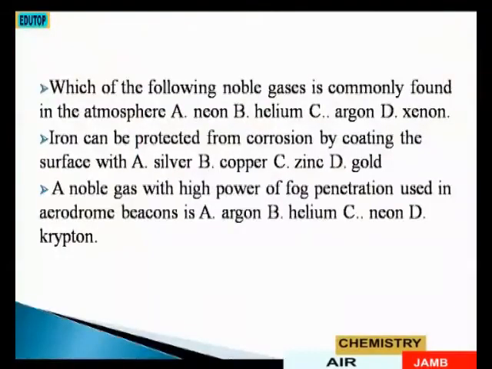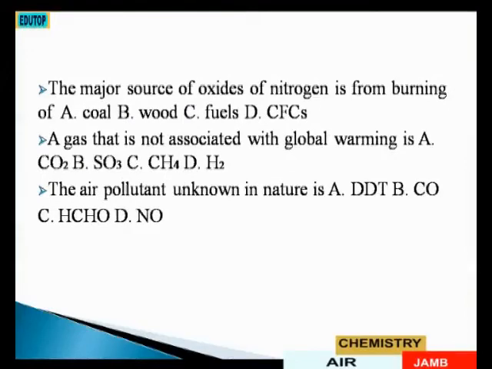That is neon. Then question 9. The major source of oxides of nitrogen is from burning of A, coal, B, wood, C, fuels, D, CFCs. CFCs means chlorofluorocarbons.